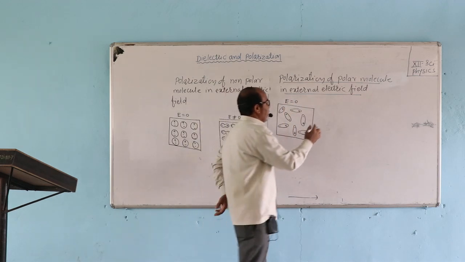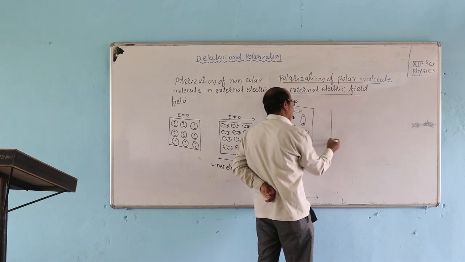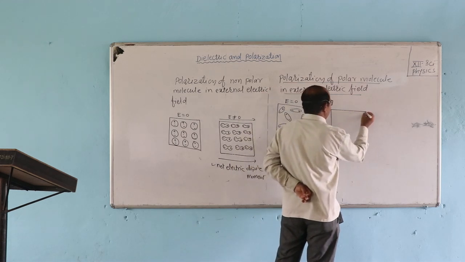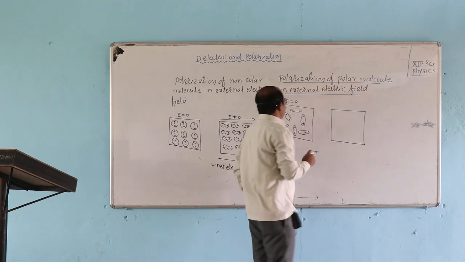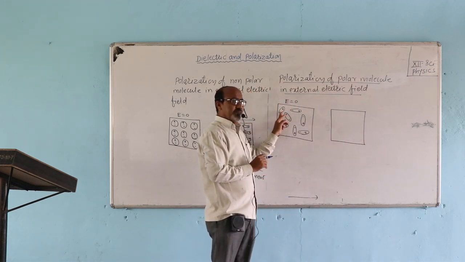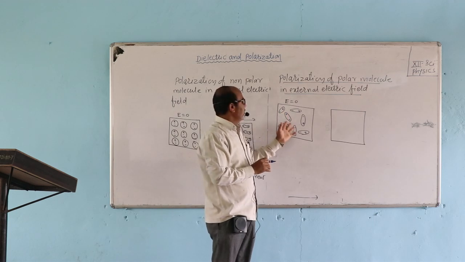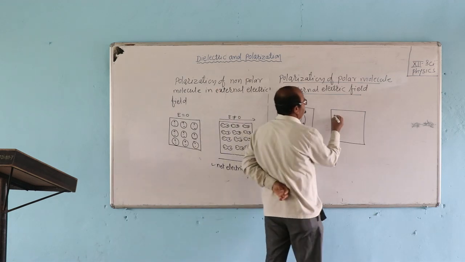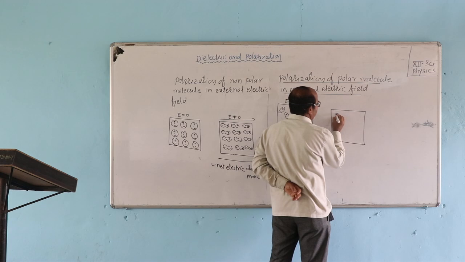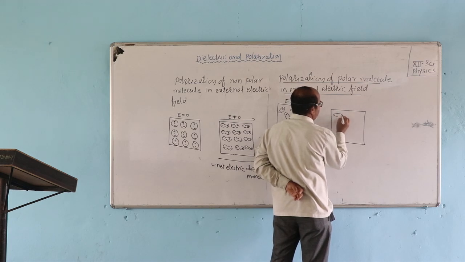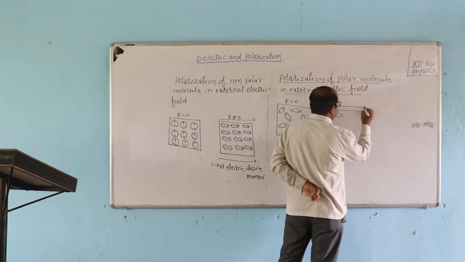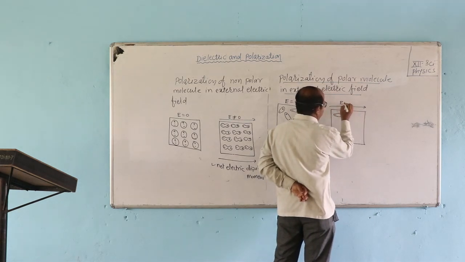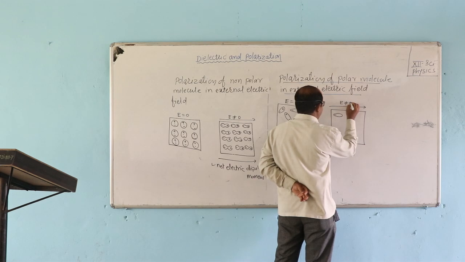When an electric field is applied across the polar molecules, all electric dipole moments rotate and become parallel to the field. If the electric field is applied in this direction, E is non-zero, not equal to 0.